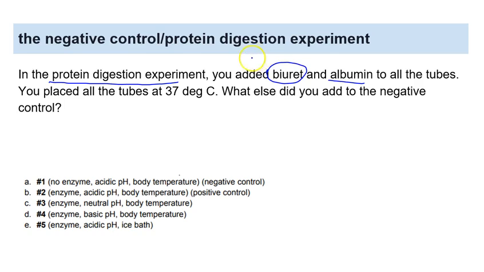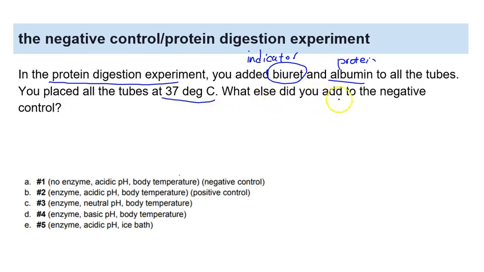So we have the biuret as indicator or reagent for protein. Albumin is our protein, okay? And then you placed all the tubes at 37 degrees centigrade, which is the optimal temperature for our enzyme.